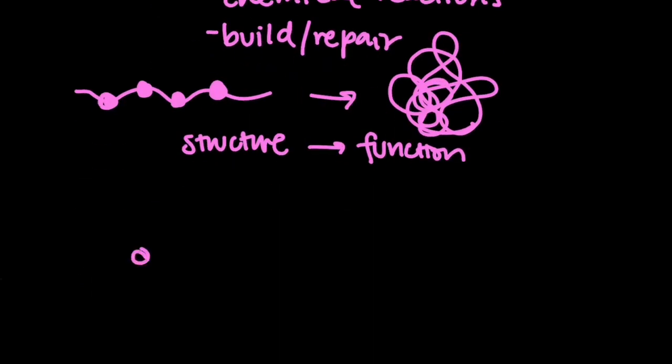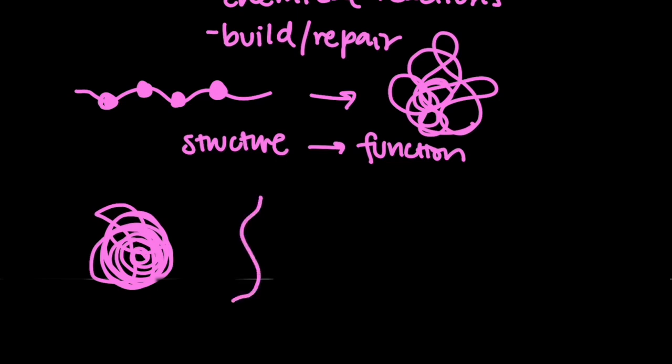Does it form a round globular sphere that can attach and interact with other compounds, or does it twist into long and narrow strands that can provide structural support? The huge variety of structures that proteins can take on leads to the wide range of cellular functions that they can carry out.